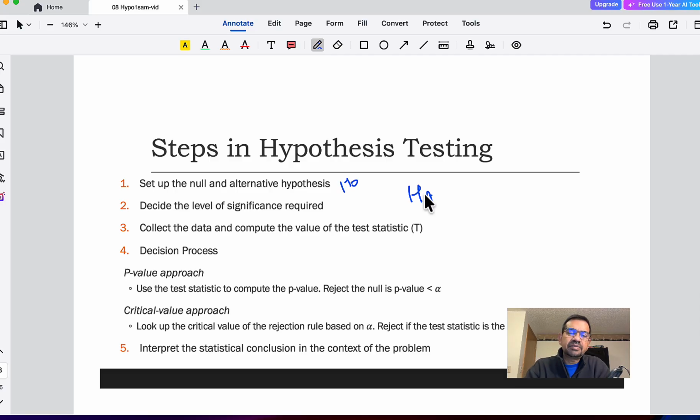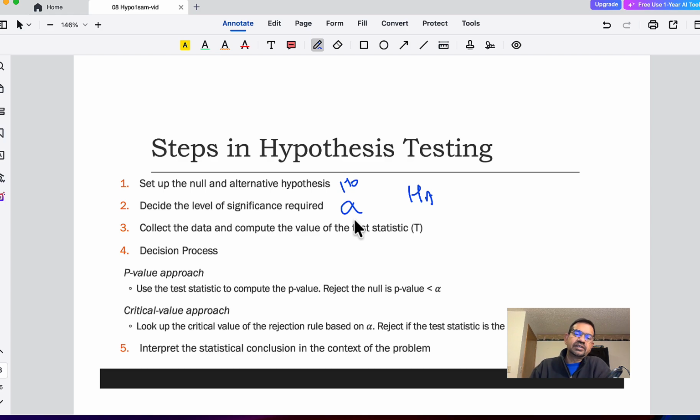Then the second step involves determining the level of significance, or alpha. And as we've seen before, this is the probability of type 1 error. Our alpha can be 0.1 or 10%. In this case, our confidence level is 90%. Our alpha could be 0.05 or 5%. And then our confidence level in that case is 95%.